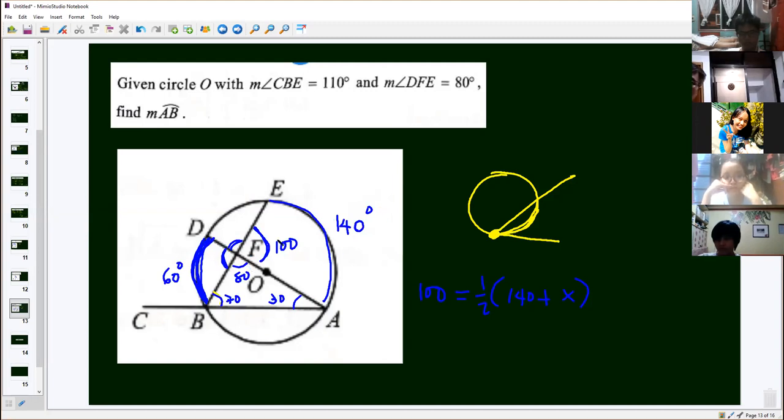Saan na ba ako? Nawawala na ako. How did you get DE, guys? Or AB agad? Pwede bang AB agad? Drawing ng radius sir mula O hanggang B. Radius hanggang O to B. O papuntang B sir, isang radius.